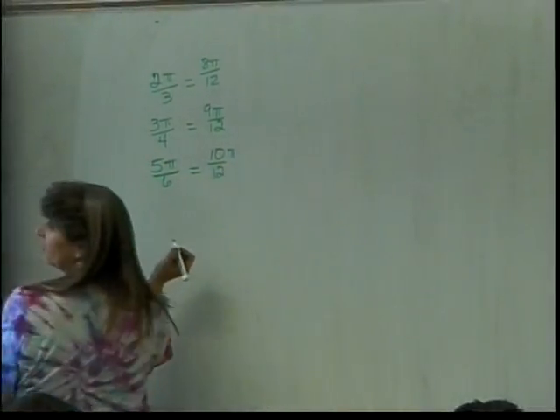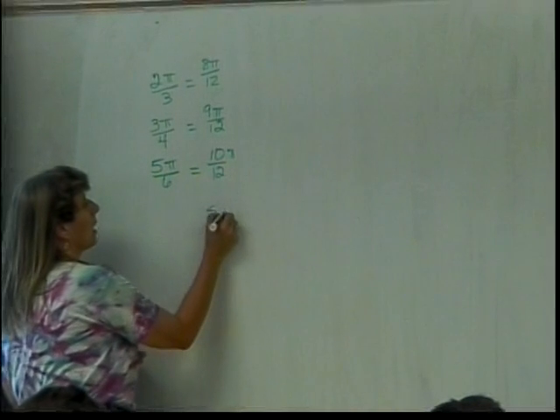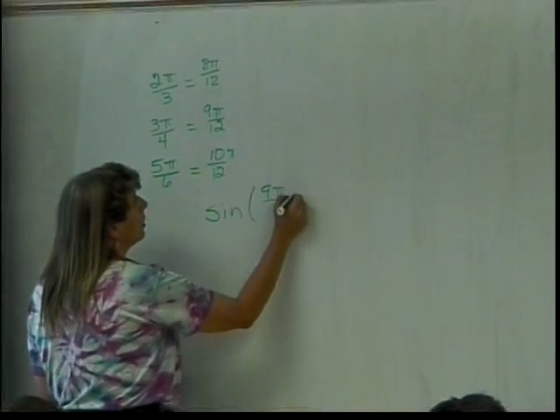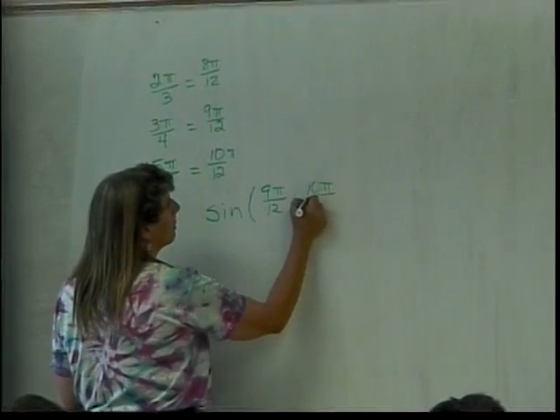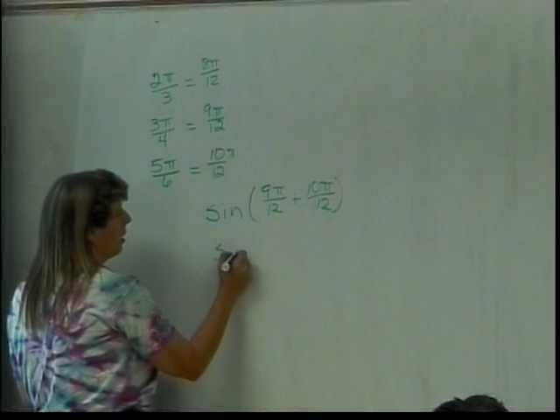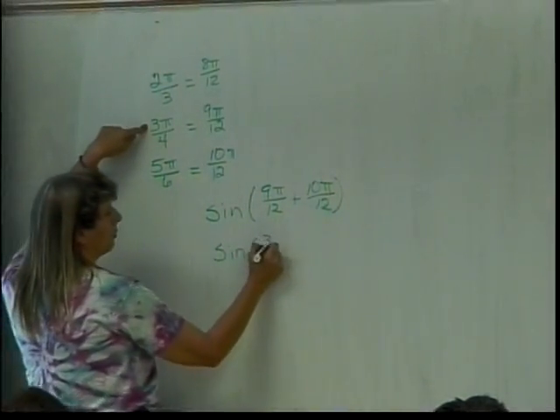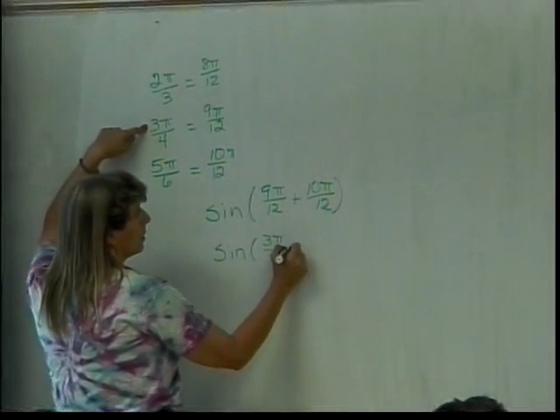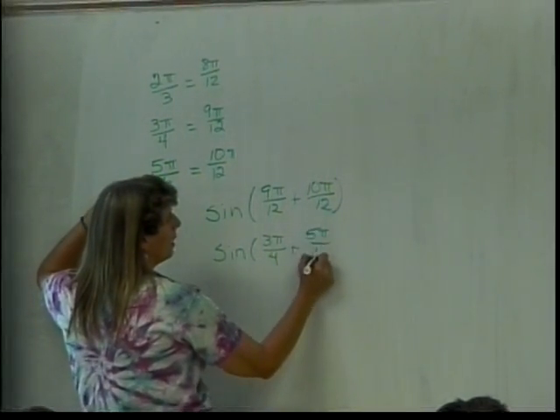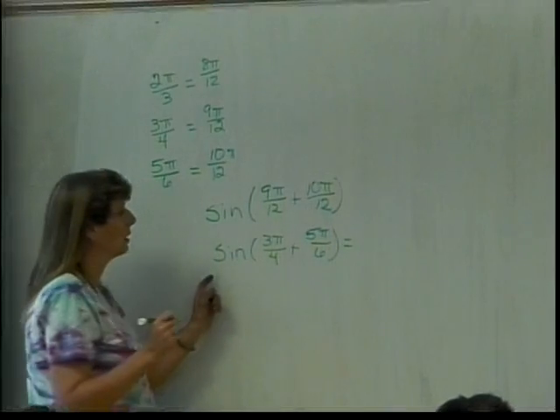So I can do this as a cosine. No, it's sine. Sine of 9 pi over 12 plus 10 pi over 12, which is going to be the sine of, well, 3 pi over 4 plus 5 pi over 6. Now, using the formula, what does this come out to be?